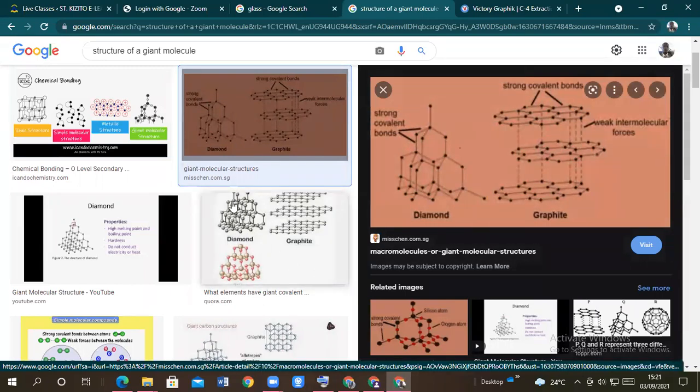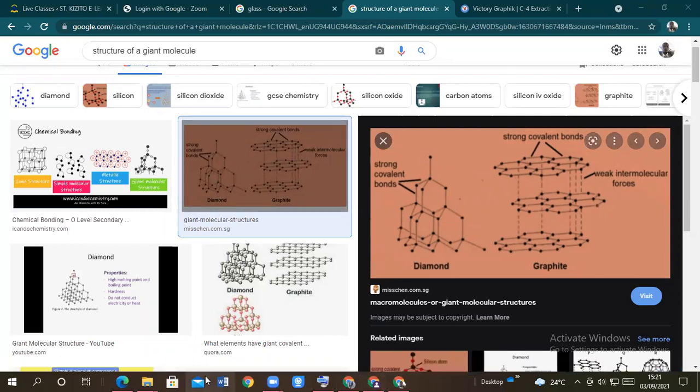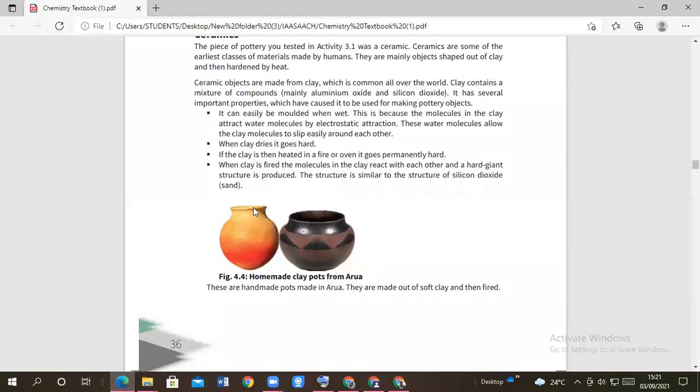The round dots are each one element. If there are many of them together, have you seen how they build on each other to form a giant molecule? So these black dots are examples: an element, an element, an element. If you combine all of them, they are very many, and they form what we call a giant molecule. That is the same as clay. That's what clay does. It has the ability to form a giant molecule.